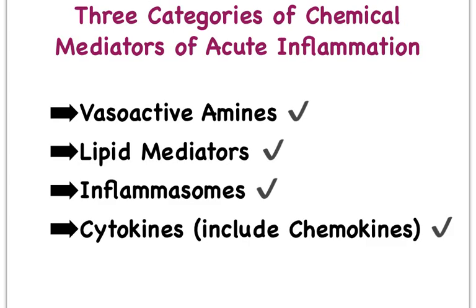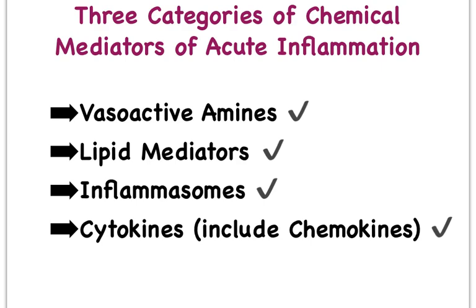So that wraps up our discussion of chemical mediators. Quick reflection. So we studied the vasoactive amines. Remember, histamine is a really great example of that. Then we discussed the eicosanoids, and we talked a little bit about how our over-the-counter aspirin and ibuprofen can prevent inflammation by preventing the formation of eicosanoids in the arachidonic acid pathway, right?